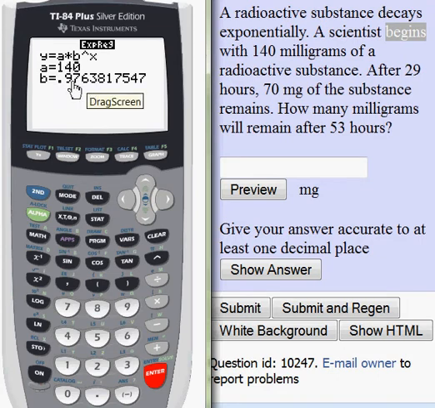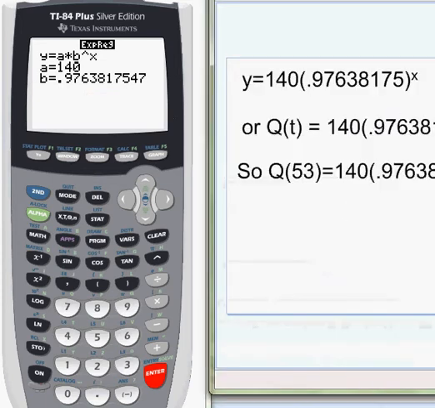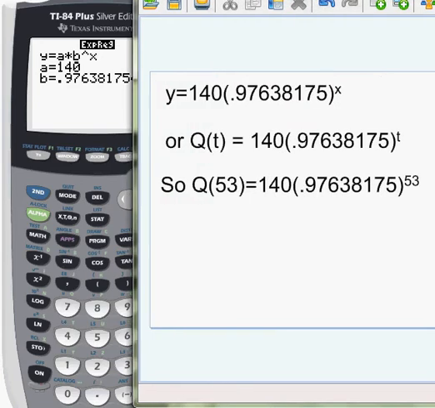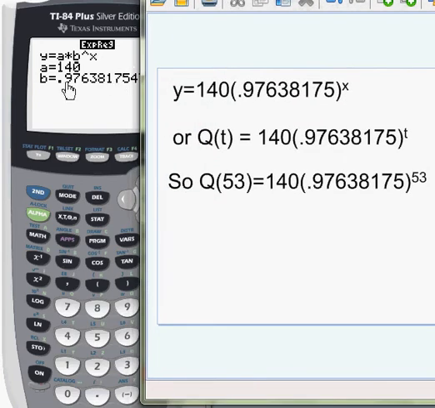And now I just need to take this equation and write it out. If you did that, it should look something like this. Since A is 140 and B is this number 0.976, and it said exponentials are y equals AB to the x, just inserting A and B into the letters there, you would get this equation, which is exponential.